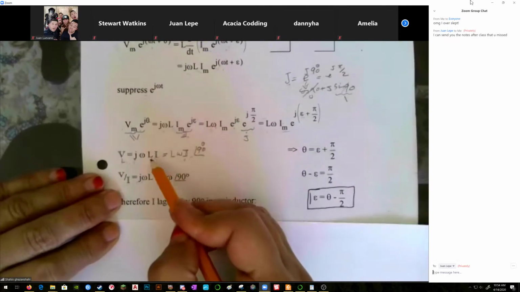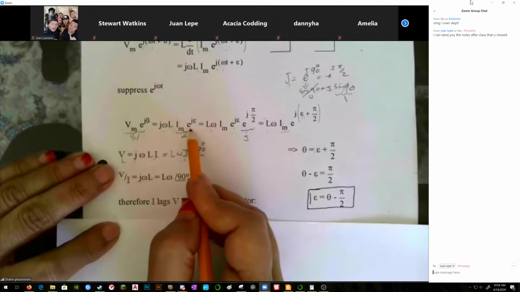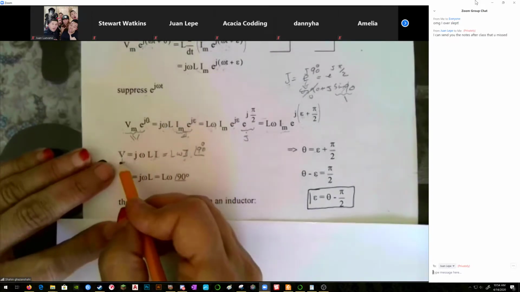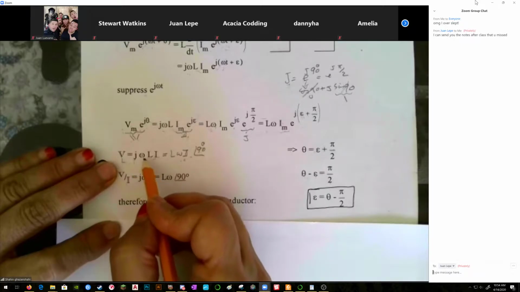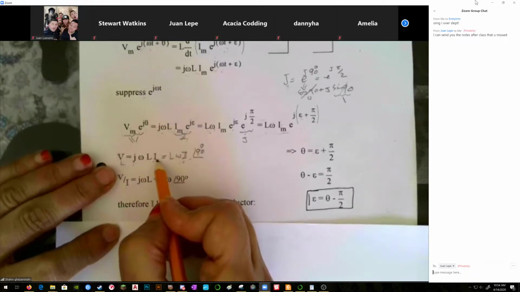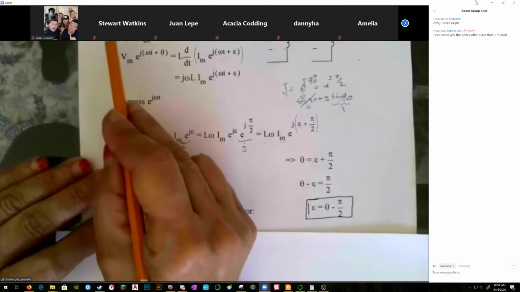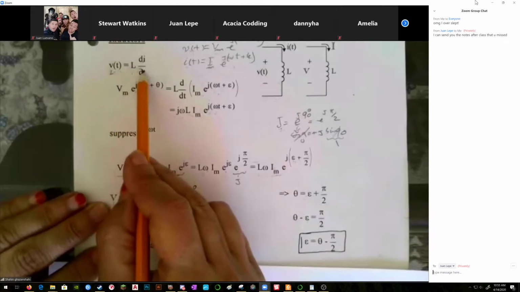So I do it two ways. Let's jump from here to here. This is your phasor voltage. Im exponential of j phi is the phasor current. So the phasor voltage across inductors is j L omega I. See what happened here. In the time domain, the voltage-current relation for an inductor is a derivative, correct?